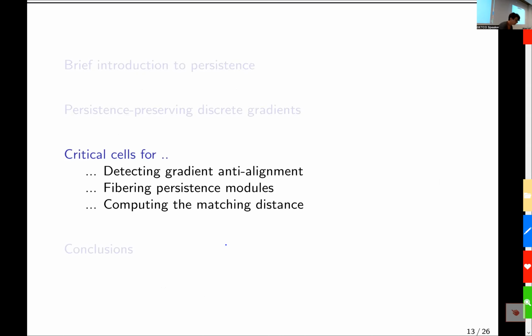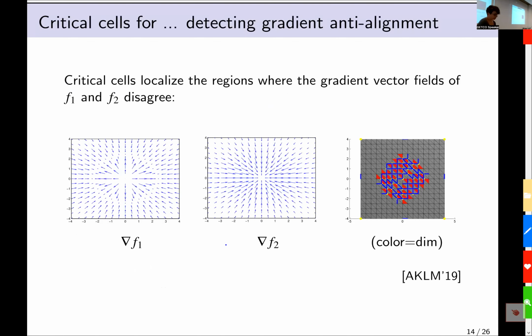So now, what do these critical cells detect? This picture aims to show that they detect places where, if I have a function with two components, f1 and f2, the two gradients disagree in the sense that they are linearly dependent, but pointing in opposite directions, for example.